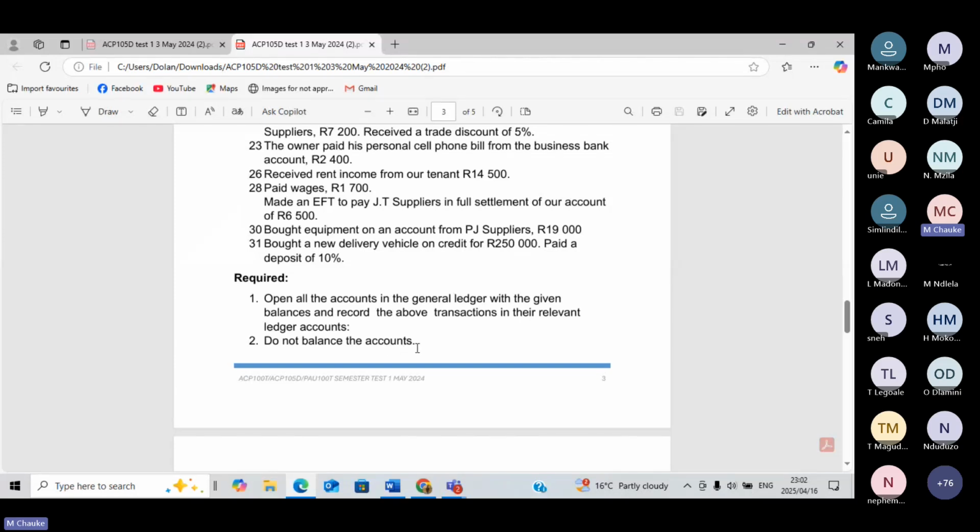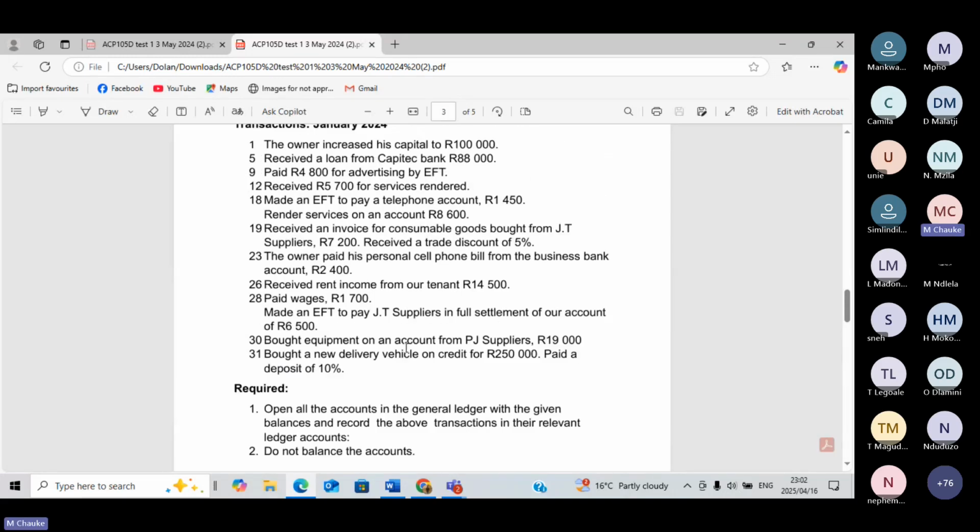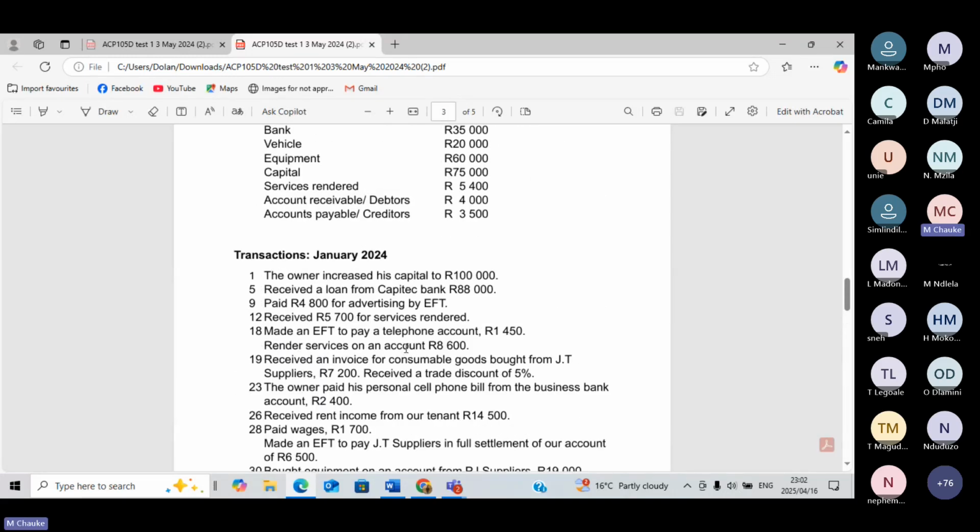So read the transactions thoroughly. Do not go to the exam panicking, because you are going to write in panic, to be honest. So just go relaxed, tell yourself that you are prepared and you are going to make it.